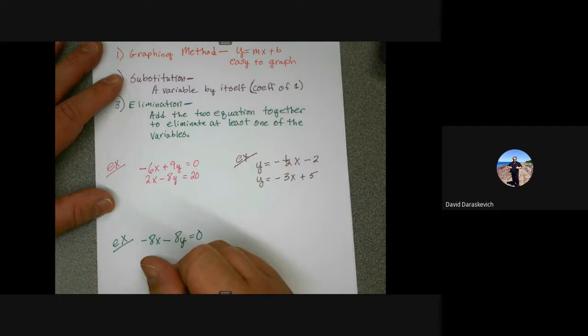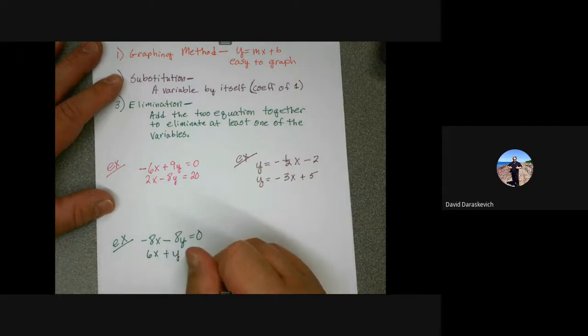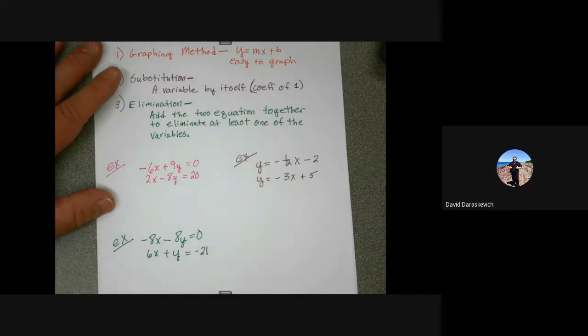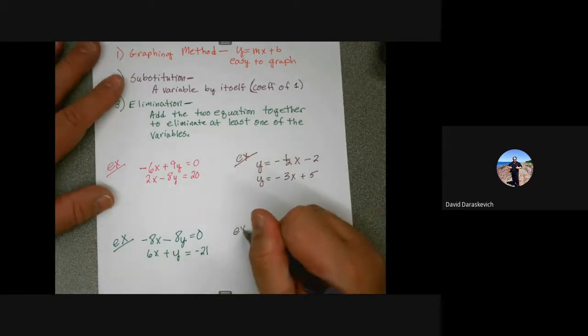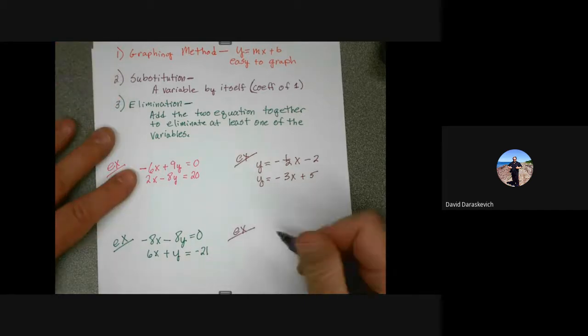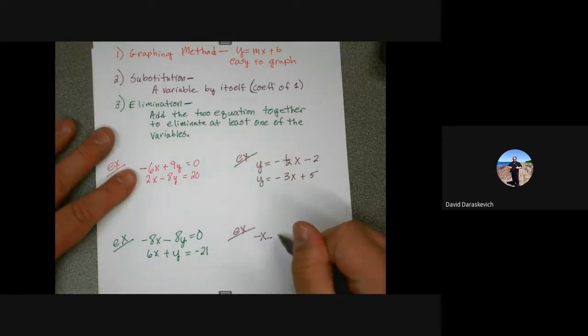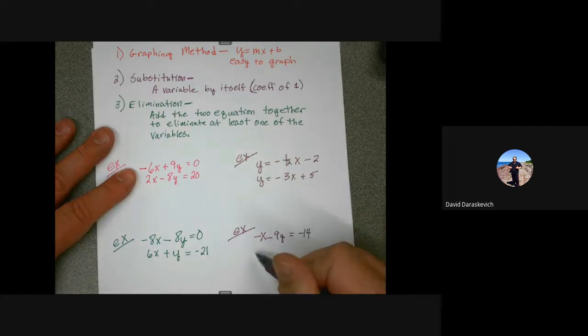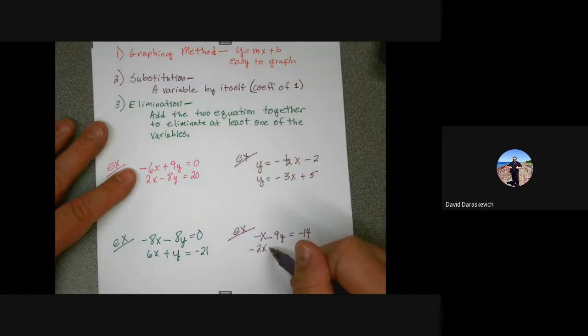Let's change this. Let's make this 6x plus y equals negative 21. And then the last one, let's put negative x minus 9y equals negative 14, and negative 2x minus 18y, just thinking of a number, minus 28.